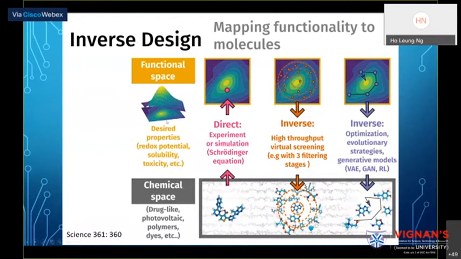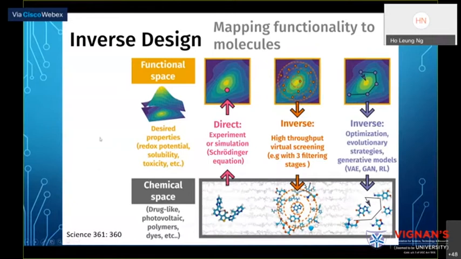Using the machine learning algorithms to learn how chemical space and functional space map together, what properties are correlated with each other, and using that to directly move into molecules.